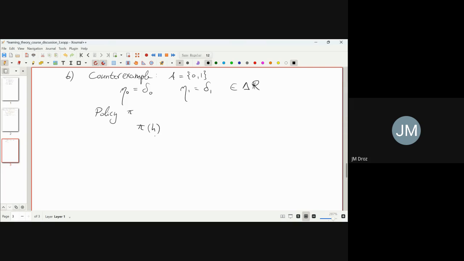For example, I choose 1 when the step t is a non-square number.